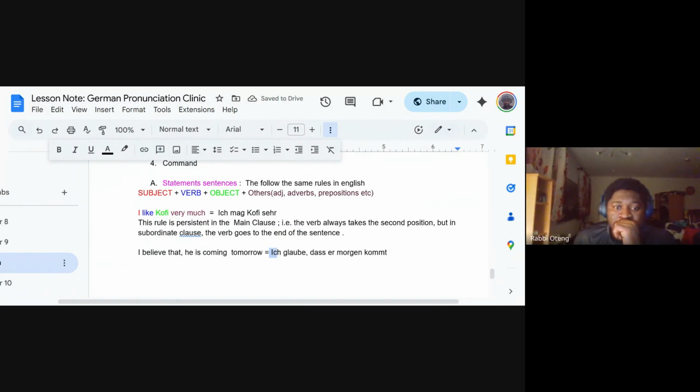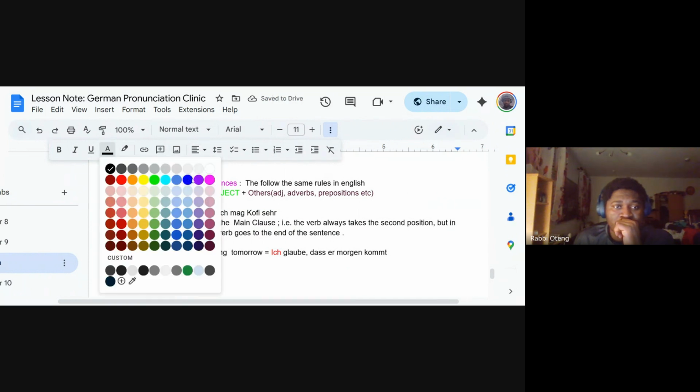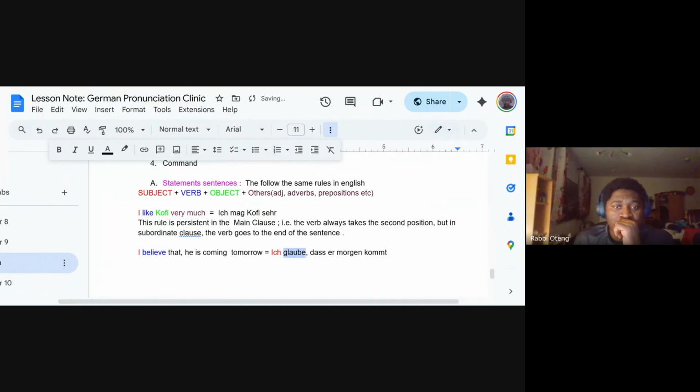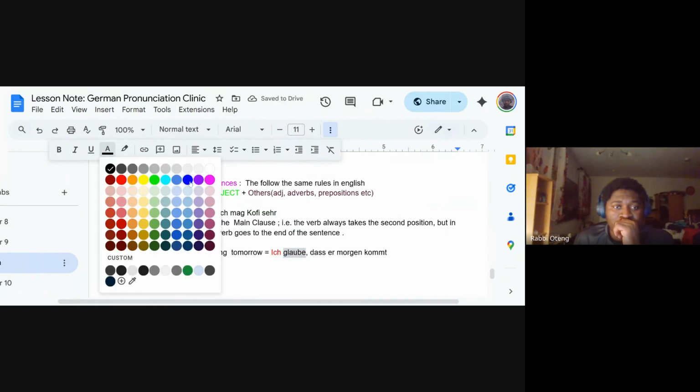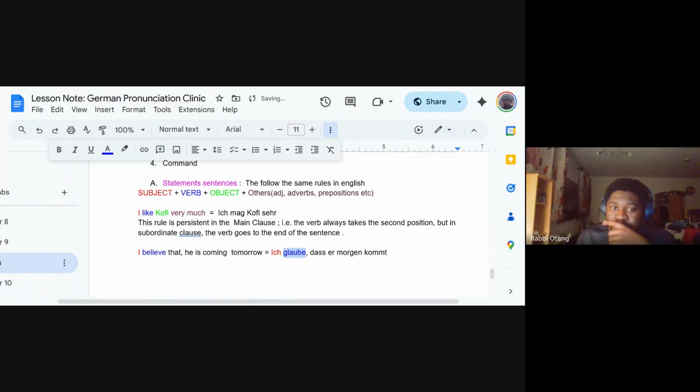So in the main clause, we have the subject, just like in English, then the verb. There are no others in the main clause.